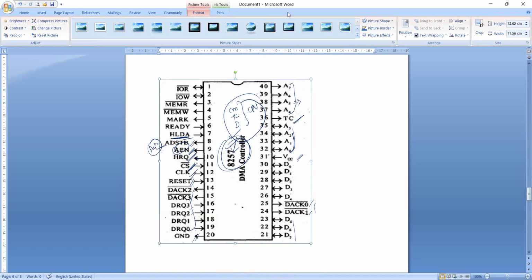I explained the operations and the procedures required to transfer data directly from memory to the peripheral devices. Next was the features of 8257, after that the block diagram, and next the pin diagram. By this, I complete the total 8257 DMA controller concept.